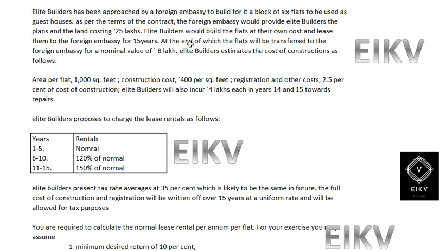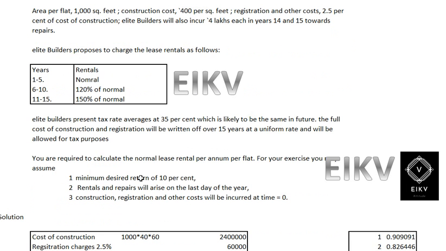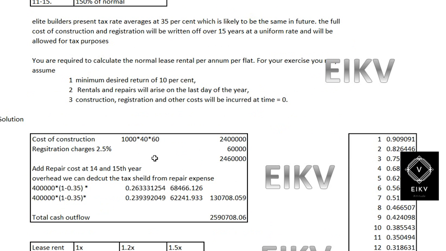For the 15 years they can charge a lease rent. The lease rent is such that for years 1 to 5 it is the normal rent, for 6 to 10 years it is 120% of normal, and for 11 to 15 it is 150% of nominal rent. The rate of return is 10%, and other details are also given. So let's go ahead with the solution.